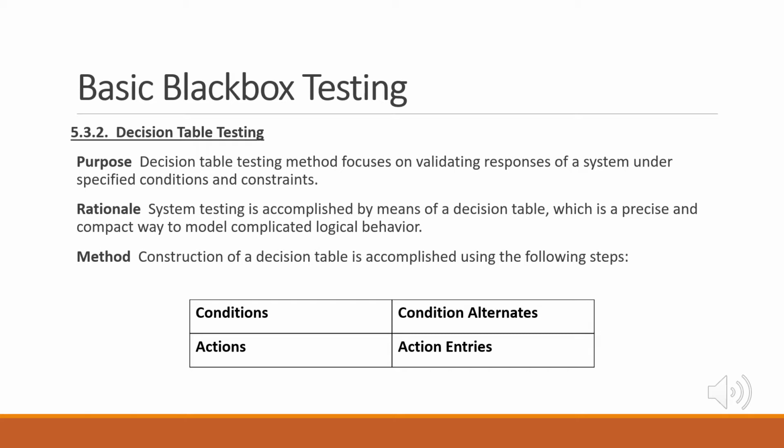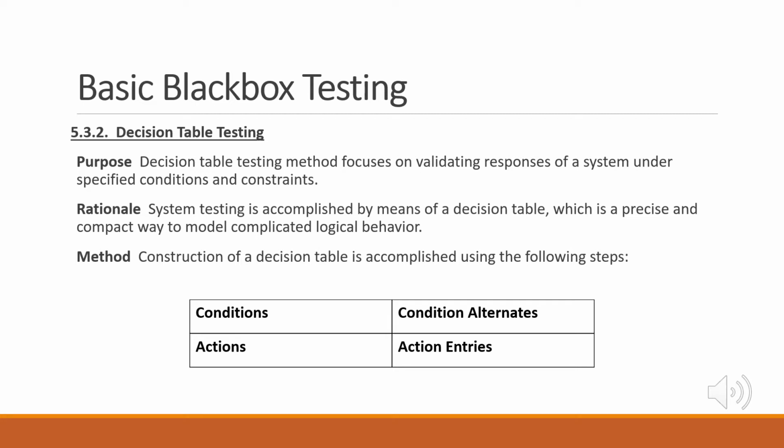Step 1, identify all the possible conditions and their combinations that could affect the behavior of the system. Step 2, for each and every condition identified in the first step, define all the possible system actions in response to these conditions and their combinations.